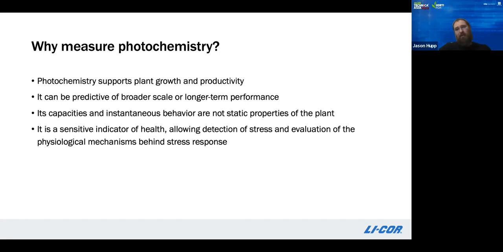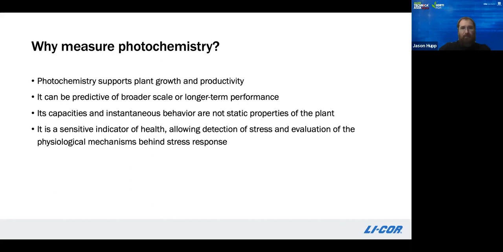They respond to the environment. They respond to the state of the plant. So they can be predictive of plant health. These can be used for detection of stress, the detection of recovery from a stress event, for evaluation of how much recovery happened, and for elucidation of the physiological mechanisms that underlie the stress response of the plant. Right? So they're really valuable parameters. So that's the pitch to get here.